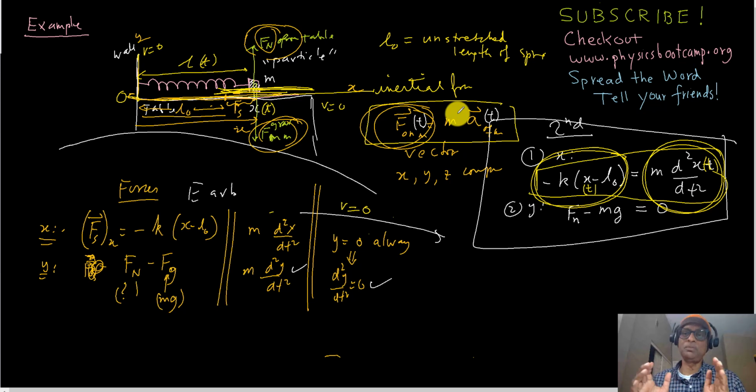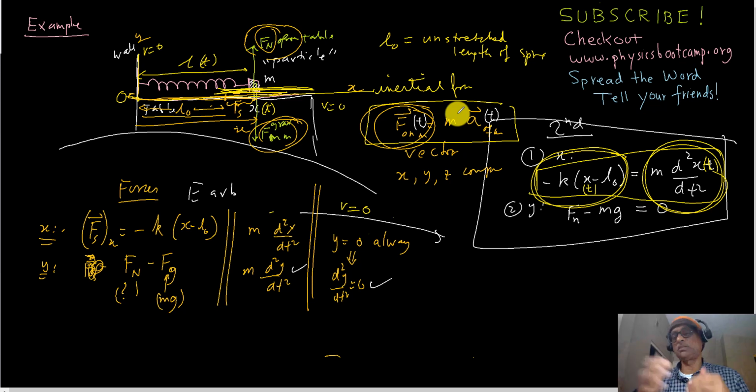Suppose I'm in an accelerating frame, a frame which is accelerating at a constant acceleration, at a varying acceleration, whatever. If I have a frame which is accelerating with respect to this absolute rest frame, then what will I do?